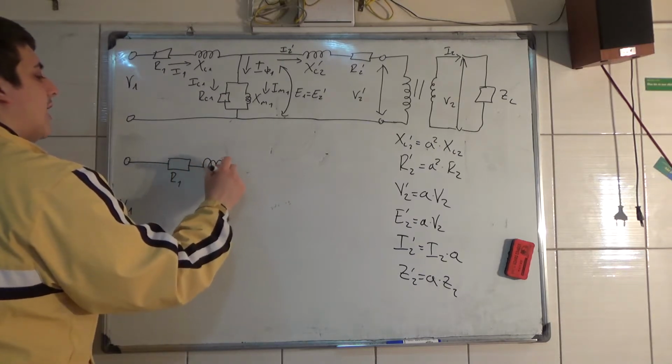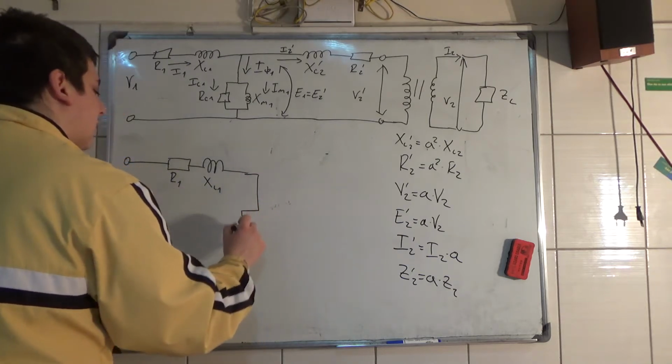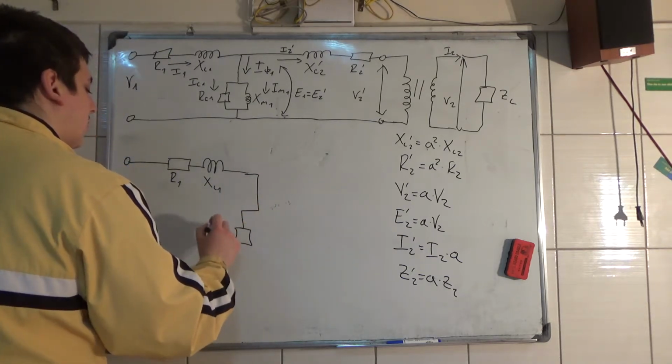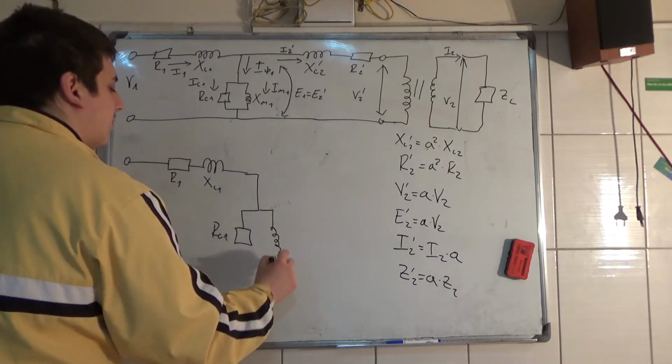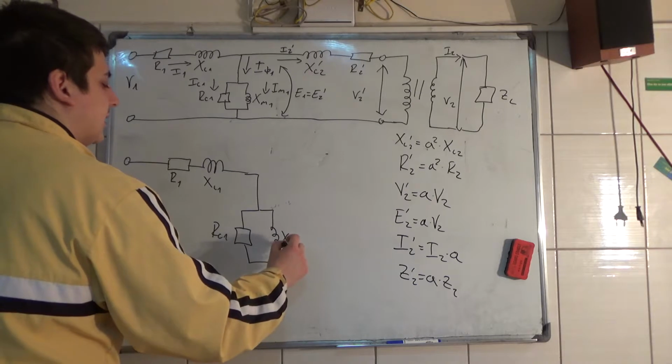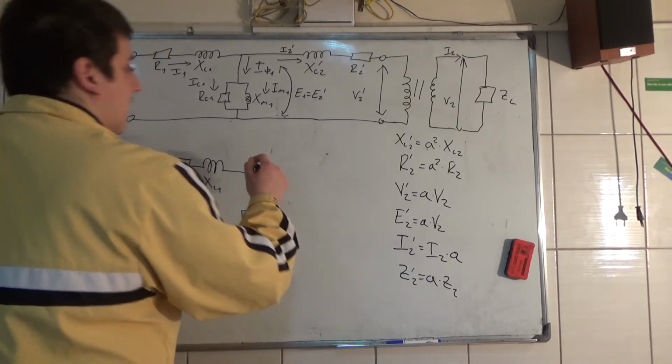Now we have the reactance of the flux leakage. Now we have the resistance of the core, reactance of the magnetizing the magnetic circuit.